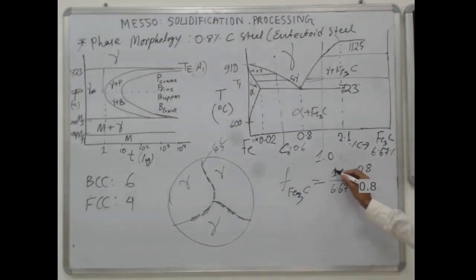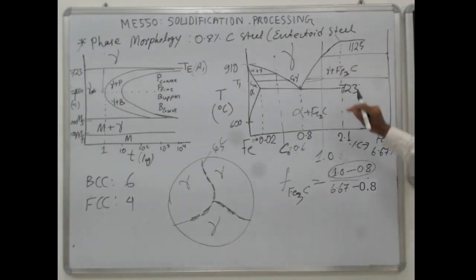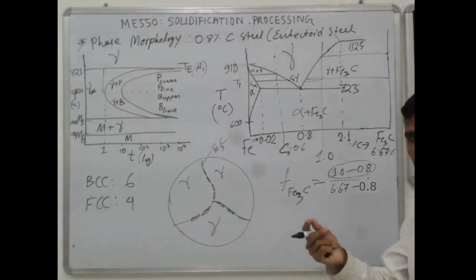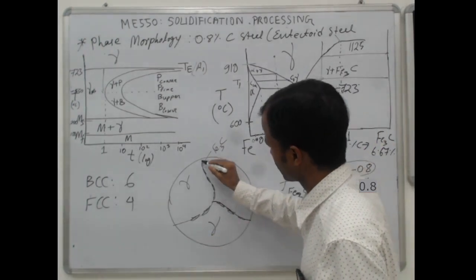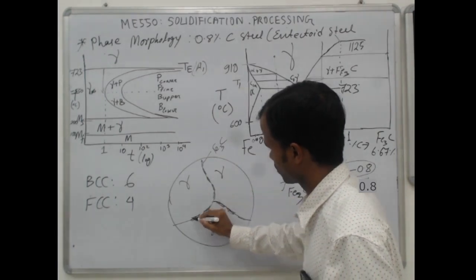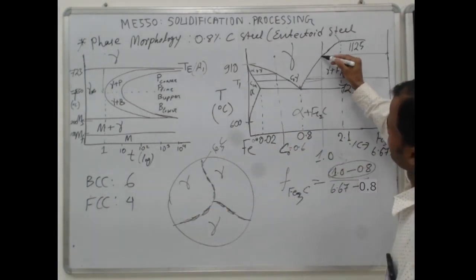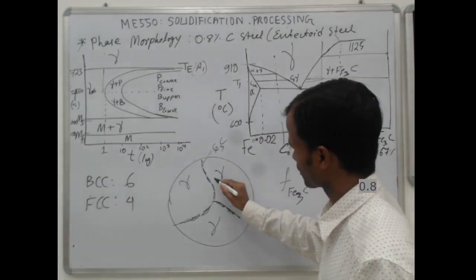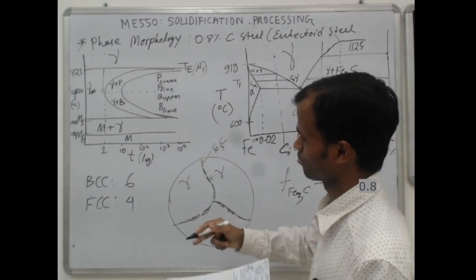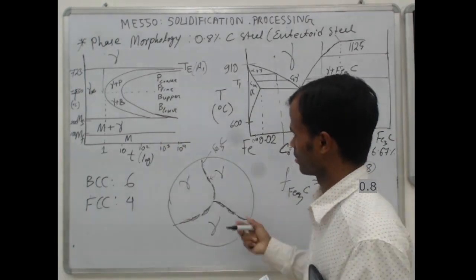This fraction, you see, is very less compared to this part. You have a large volume of austenite. So you have a very small amount of cementite that will be precipitated on the grain boundaries, and when this precipitates the cementite, what will happen? They will take carbon, unlike earlier where alpha ferrite was releasing the carbon.